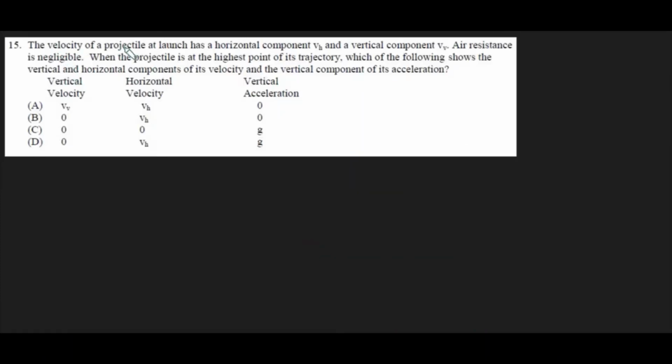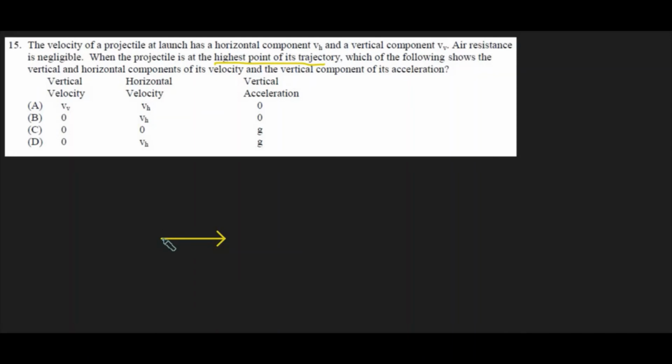Here it is given that the velocity of a projectile at launch has a horizontal component vh and a vertical component vv. Air resistance is negligible. When the projectile is at the highest point of the trajectory, which of the following shows the horizontal and vertical components of its velocity and the vertical component of its acceleration? So let's draw the projectile motion.